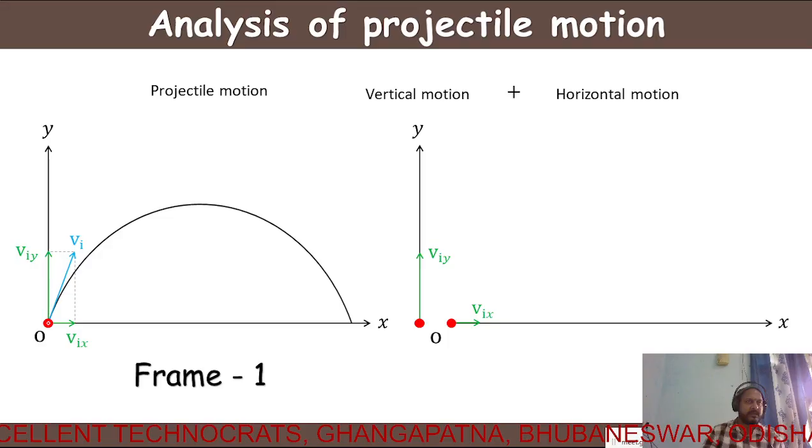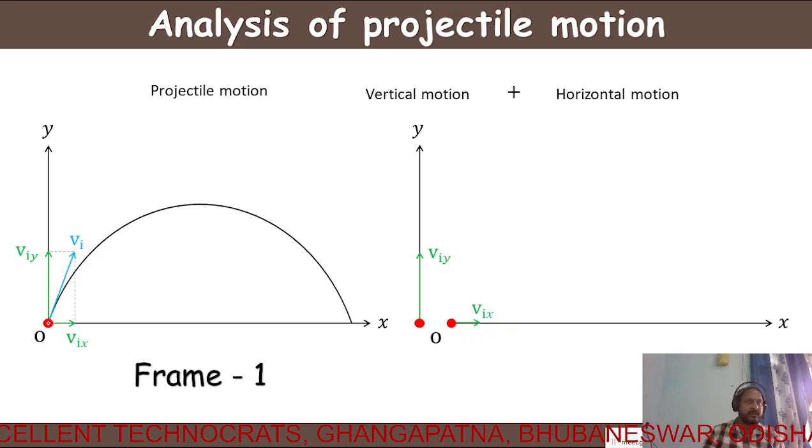So what he is trying to say is, if the particle is at the origin, it has a horizontal component and a vertical component. Here also it has a horizontal component and a vertical component, you can see v of ix and v of iy, in the x direction and in the y direction. Now here it is at the maximum height.